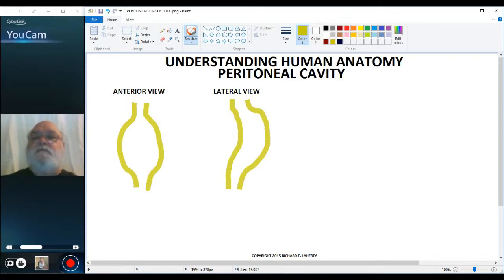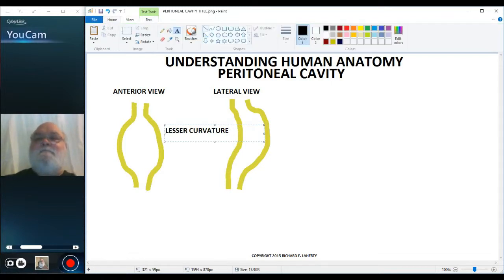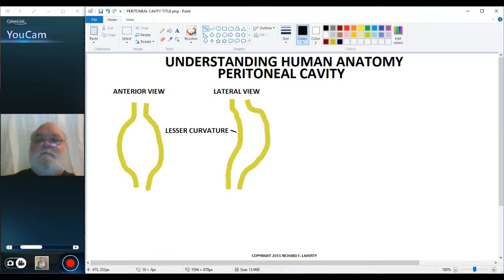The curvature on the anterior side is the lesser curvature of the stomach, and on the posterior side we're going to have the greater curvature.